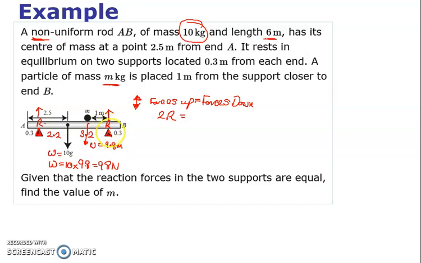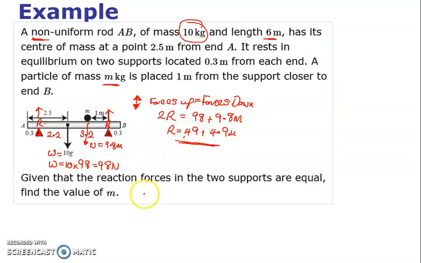Okay, so the forces down are the 98 Newton force down plus the 9.8M Newton force down. I don't want 2R, I just want R, so I halve everything and I say 49 plus 4.9M. Okay, so I now have an expression for R, which I will need in a bit.